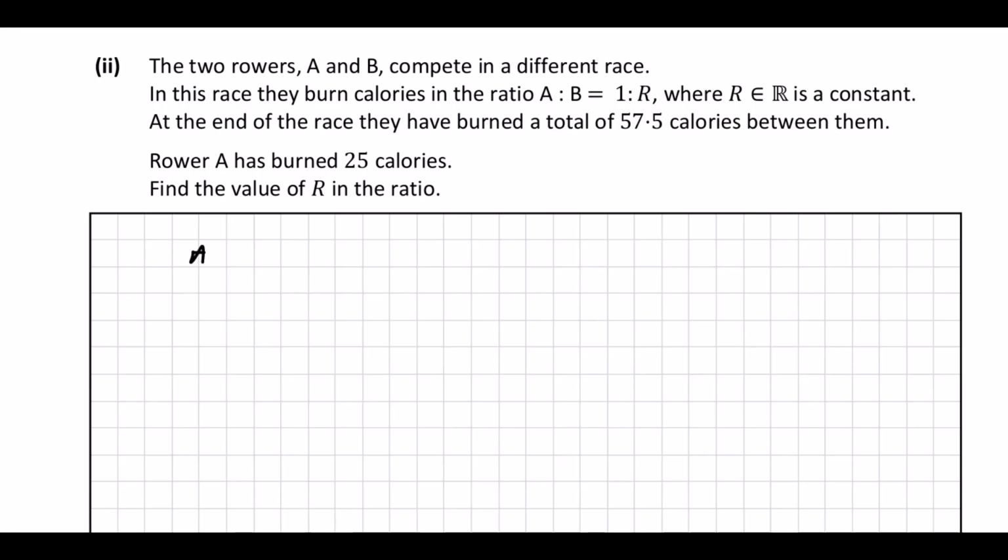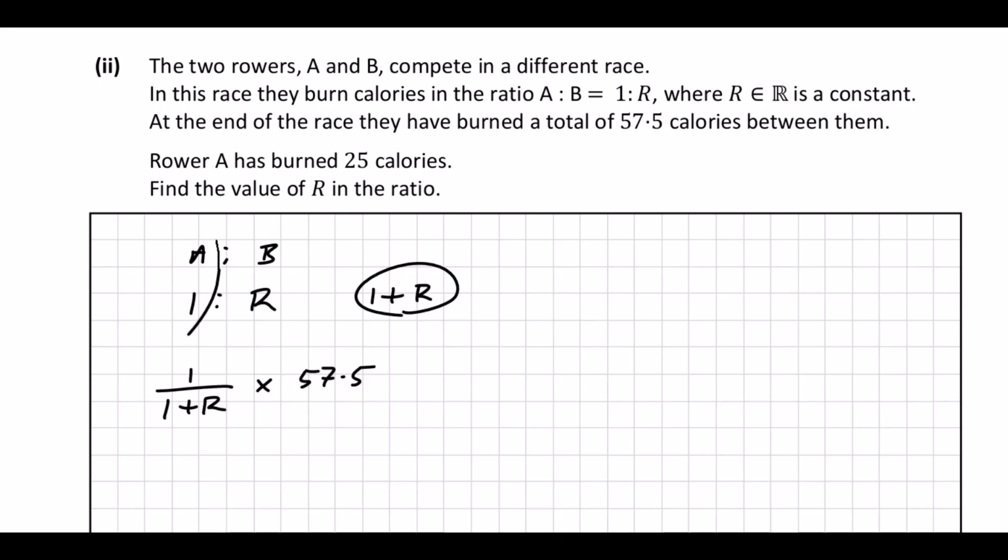Okay, so again we've got A is to B and we have 1 is to r. So again we do the same thing, add 1 and r and you get 1 plus r. So we need 1 divided by the total, in this case 1 plus r, multiplied by the total calories burnt between them, which was 57.5.